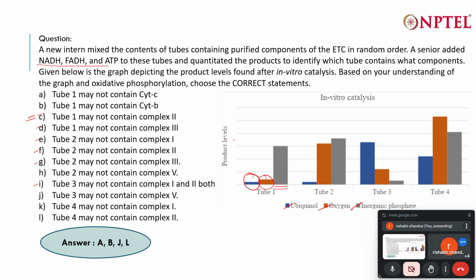Okay, so in the first tube we have low levels of ubiquinol, oxygen, but high levels of inorganic phosphate. That means ATP production is not taking place here. Okay, that means this tube can contain complex 1, then 2, and then 4.